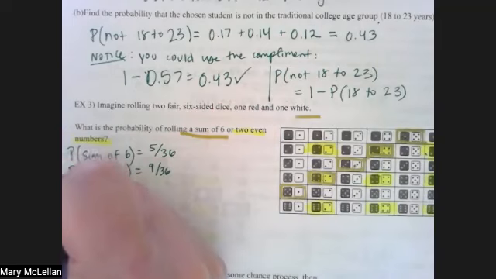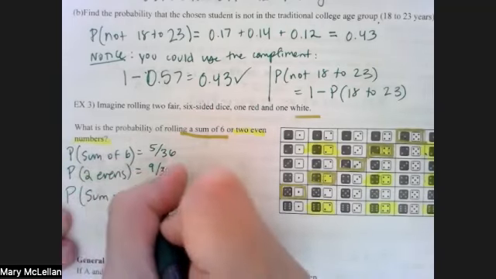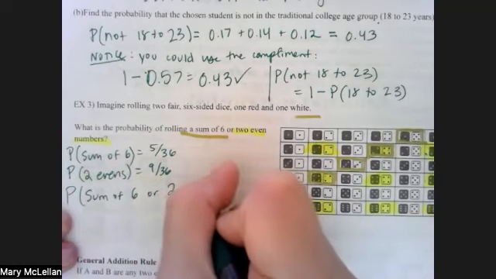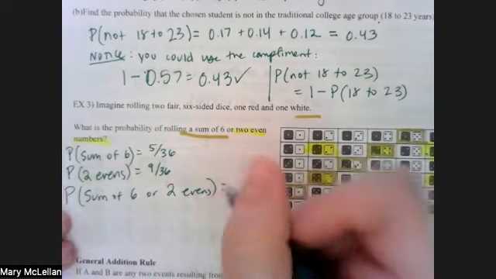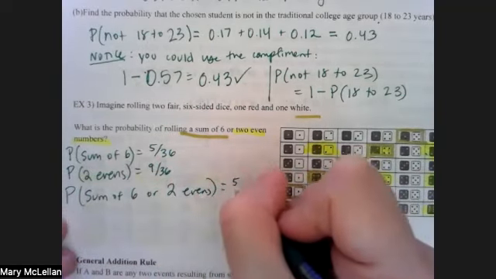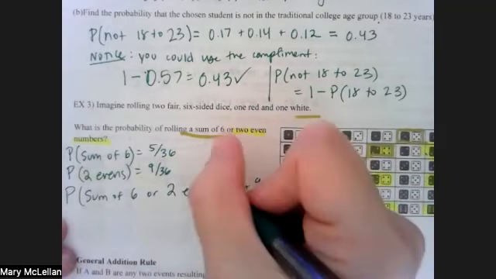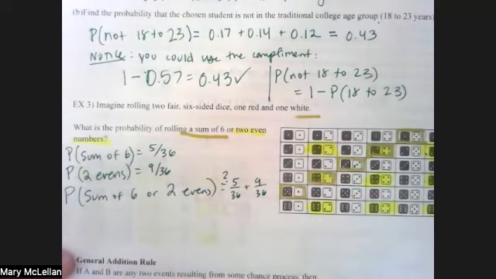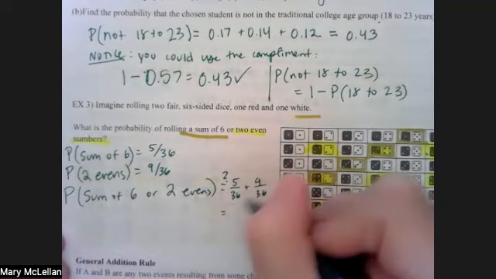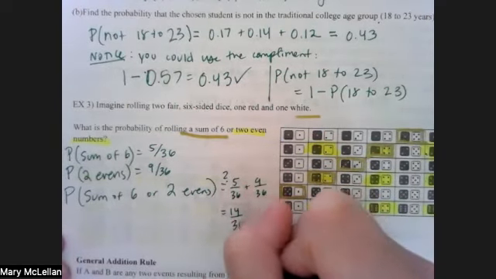And can I say that the probability of sum of 6 or 2 evens equals 5 over 36 plus 9 over 36? Let's see. So that would be 14 over 36.